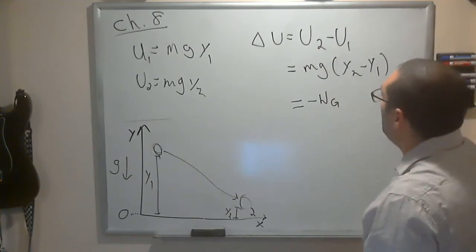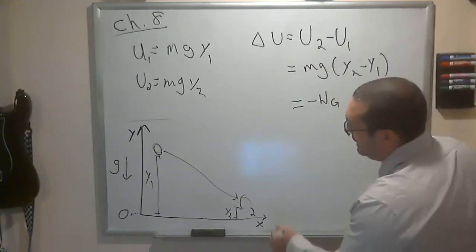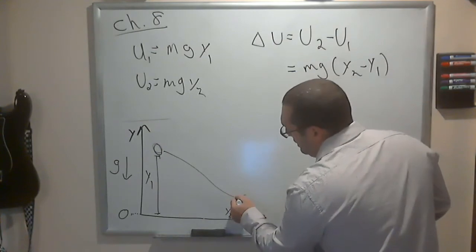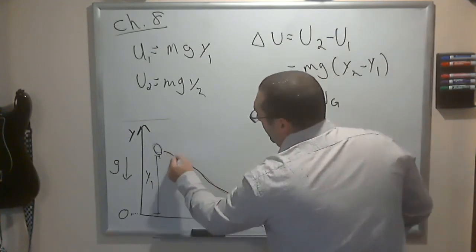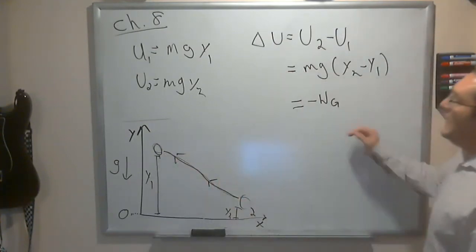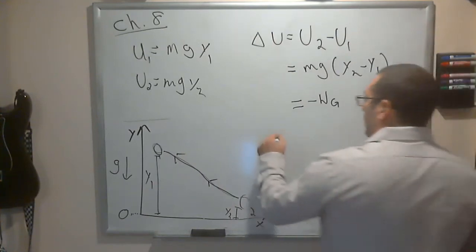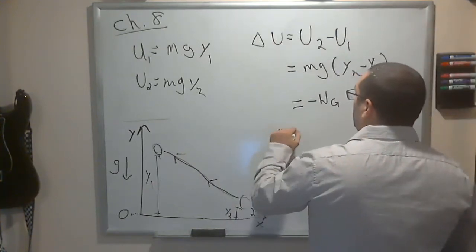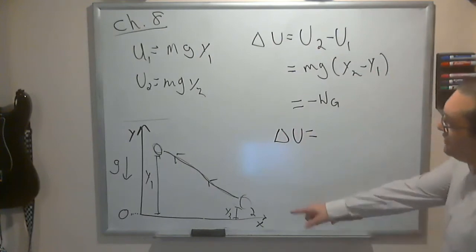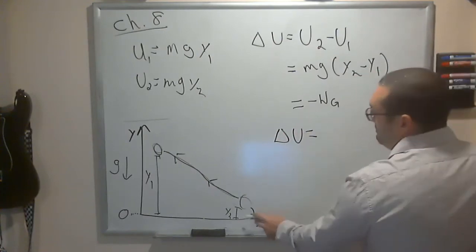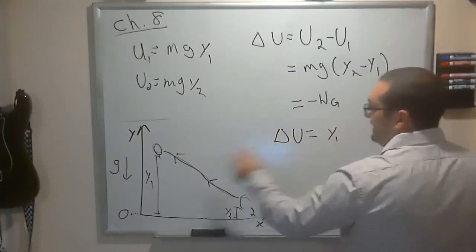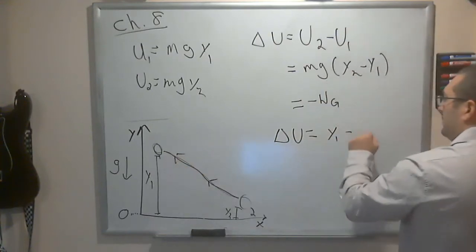Now, let's say the other way. Let's say we go backwards now. Instead, we go in this direction. Now, how does it look? So, the change in potential energy in this case would be y1, because that's our final position, right?